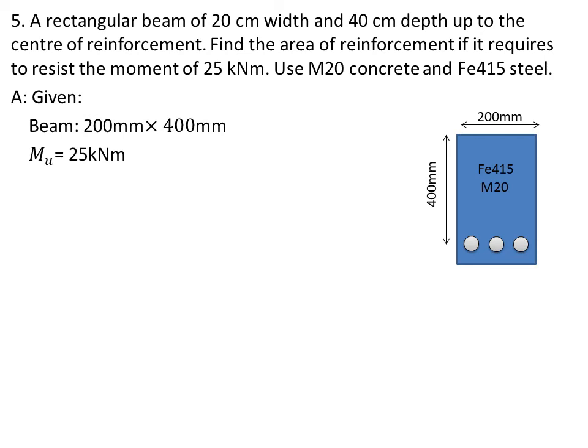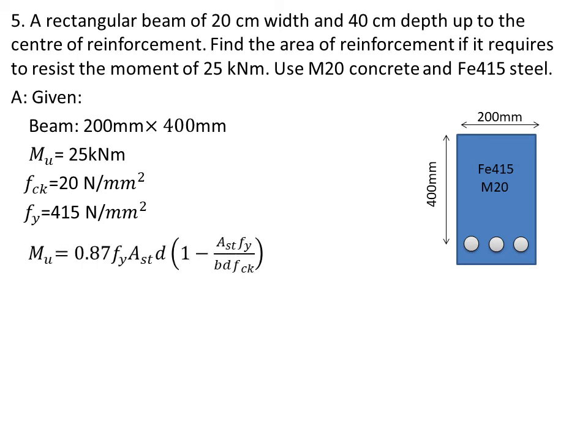Here in the question it says up to the center of reinforcement, so it's obvious it's the effective depth. Okay, we write the given details. Beam 200 mm into 400 mm, that's the beam section. Mu, the moment of resistance, is directly given.